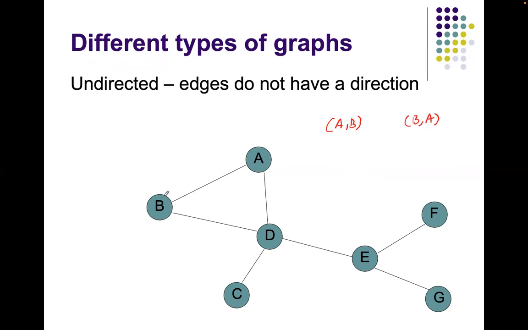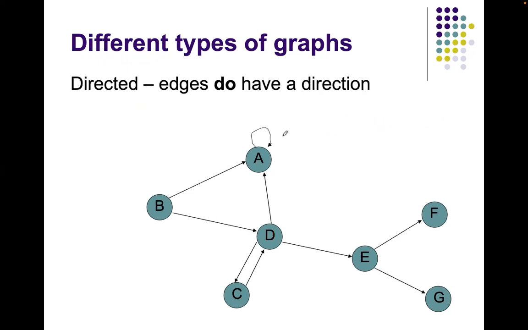As there is no direction, AB is the same as BA. There is no difference between the AB pair and the BA pair. So in an undirected graph, edges do not have any direction. A and B being connected means B and A are also connected. Here you can see that A and D being connected means D and A are also connected.